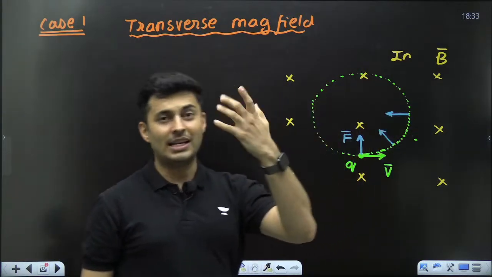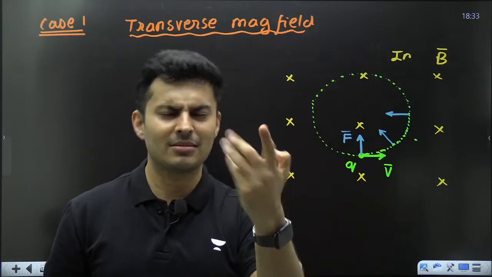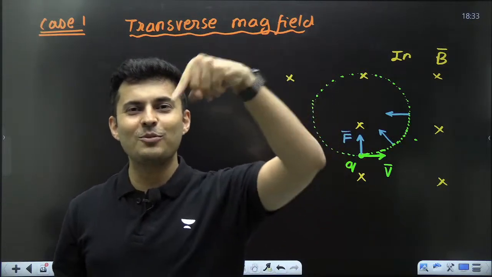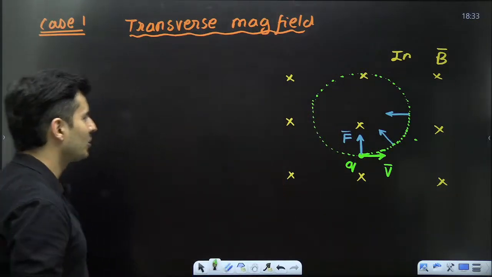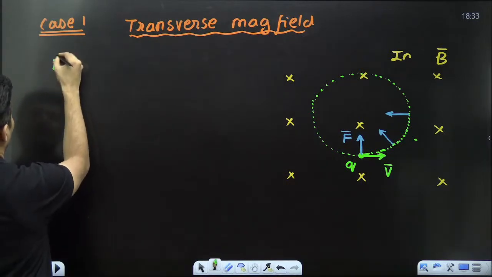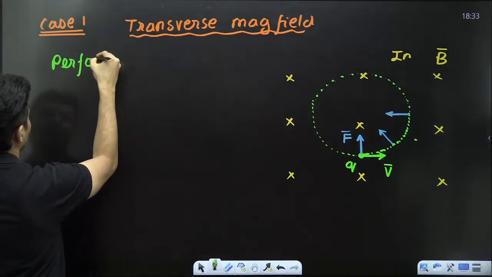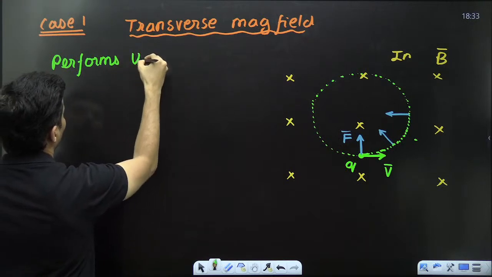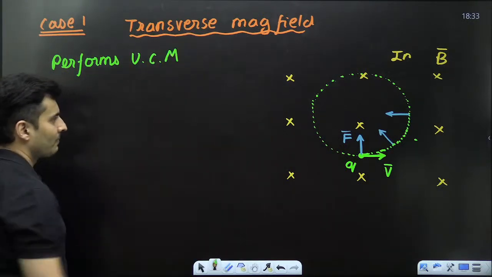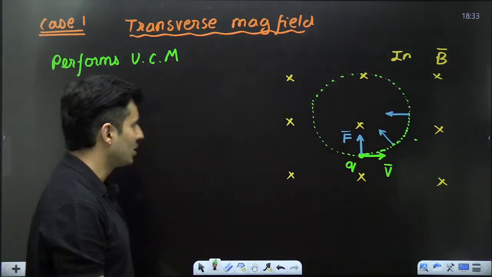The speed will never change. Direction changes, that's okay. When speed is constant, what is it called? Uniform circular motion.